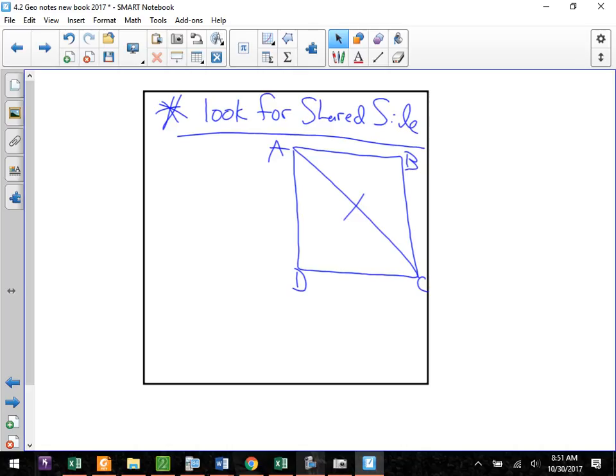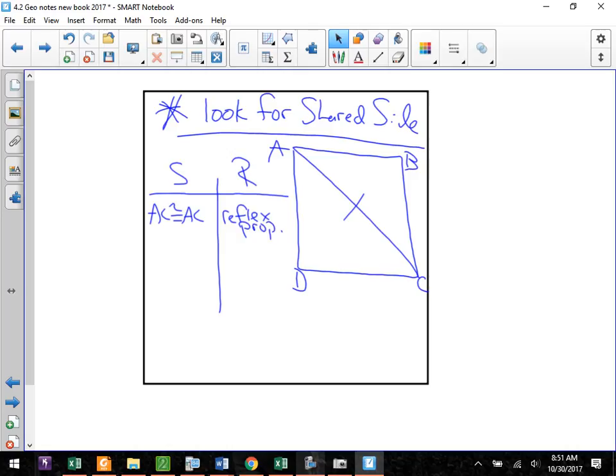So what I would do in a proof is this. Statement, reason. AC congruent to AC, and the reason is reflexive property. And that's going to be what we do a lot of. We're looking for what's called a shared side. That shared side is called the reflexive property. Remember how we talked about inferring things from diagrams? Remember how we inferred vertical angles, linear pairs, things that make a line?